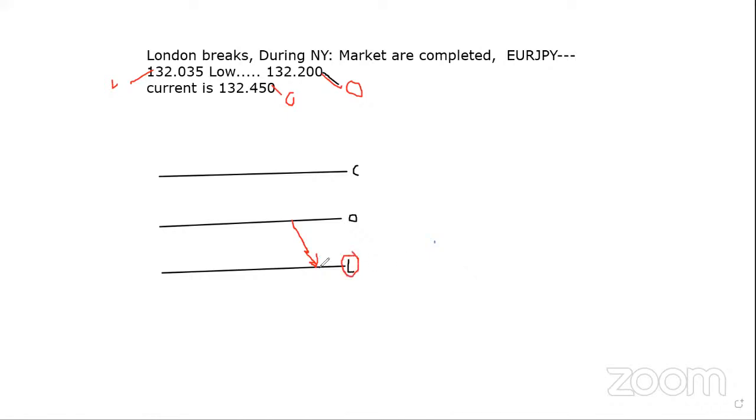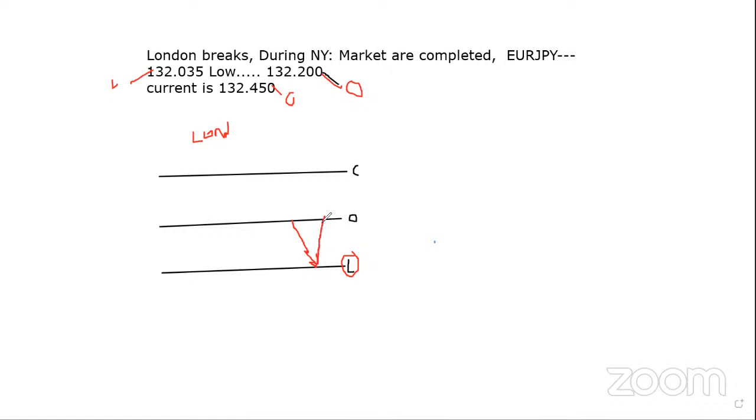If you have seen this low, just know that's a clean market, a clean structure. So the low of the day and the high of the day is created during London session. So once the market hit the low of the day, it went up.